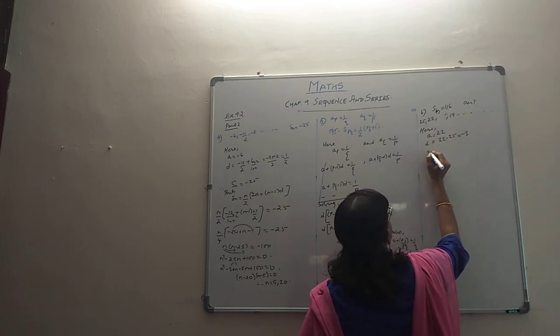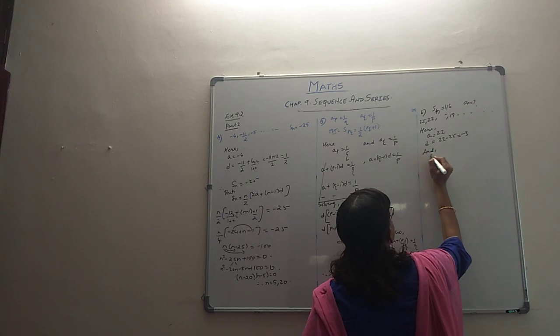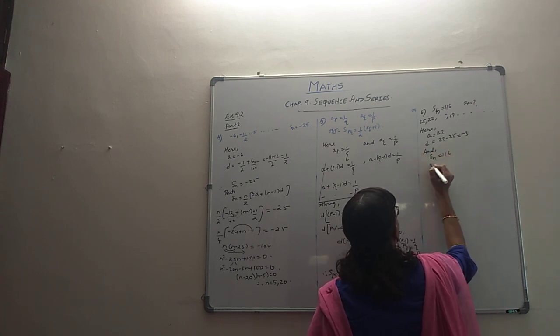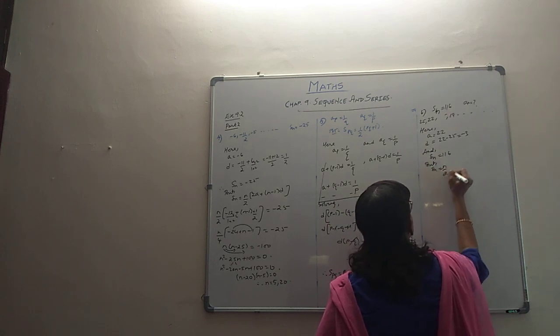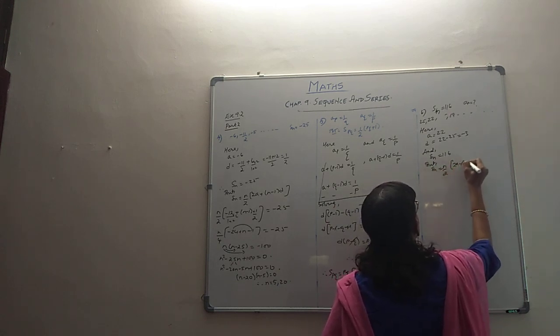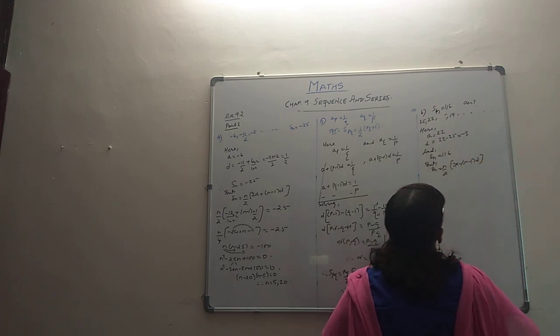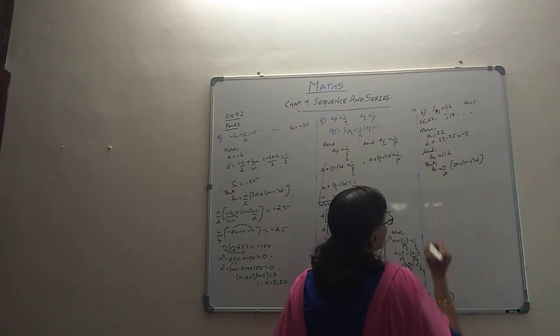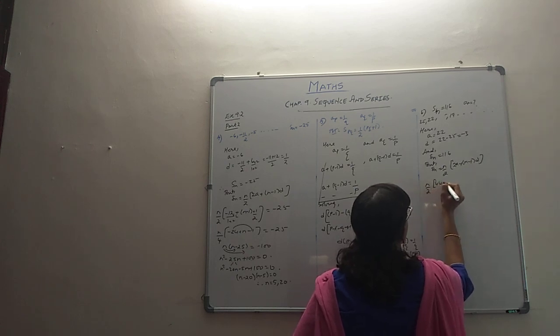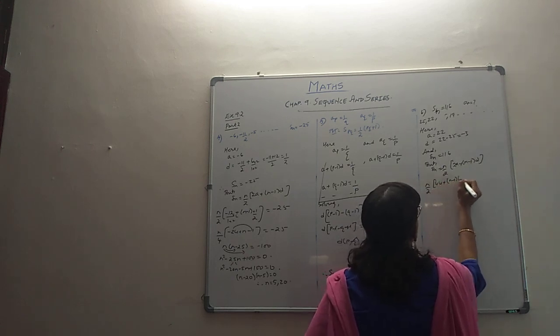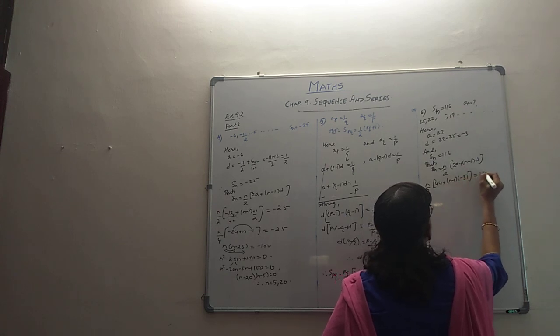So Sn is given, and Sn is 116, which by formula, Sn is n by 2 times 2a plus n minus 1d. Okay, so n by 2 times 2a means 44. N minus 1 we don't know, d is minus 3, yes, your work is done, 116.